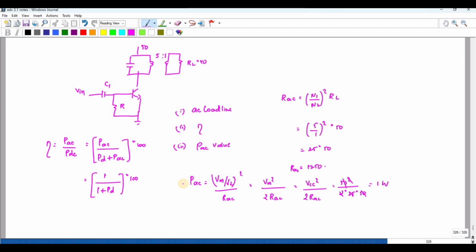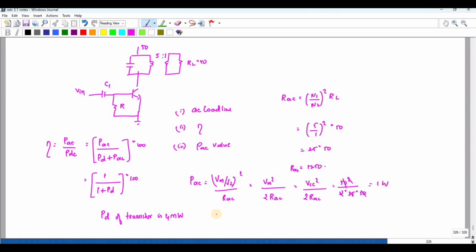They have given in the problem itself that the power dissipation of the transistor is 4 milliwatt.